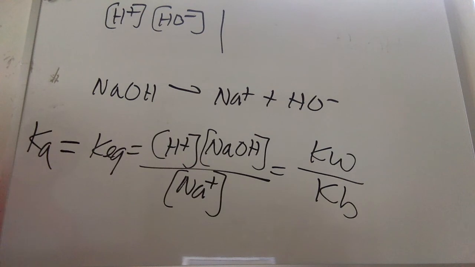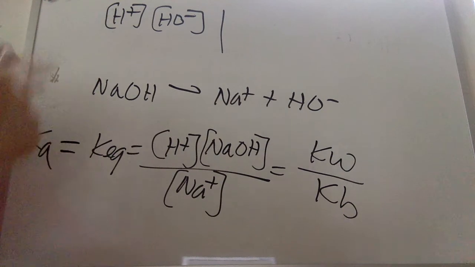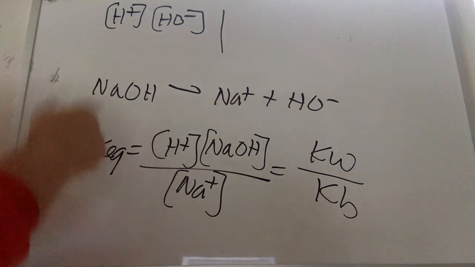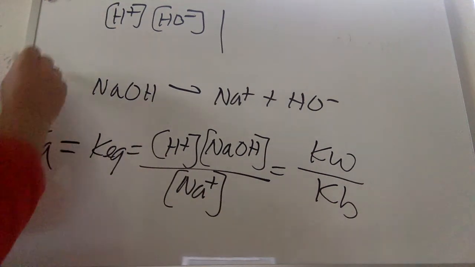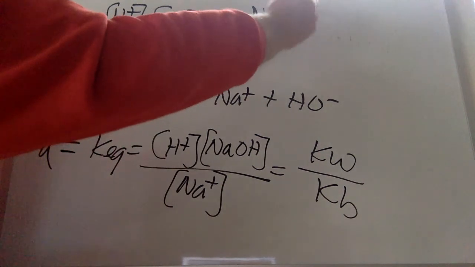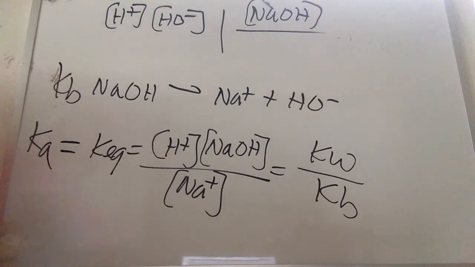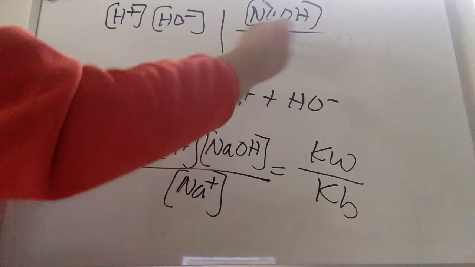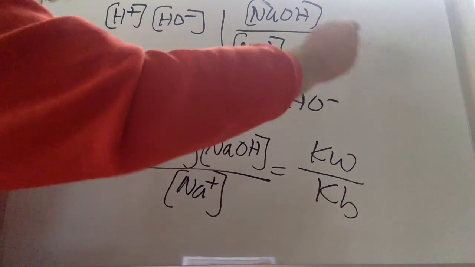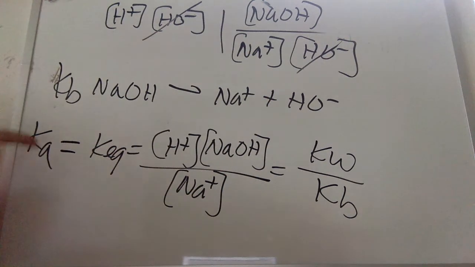So I want to take products over reactants, but I'm actually taking reactants over products in this case because I'm using the reciprocal Kb. This is the Kb reaction. Therefore, I get sodium hydroxide over sodium ion times hydroxide. Notice the hydroxide cancels out. So did I just prove this relationship, that Ka is equal to that? Yeah, basically.